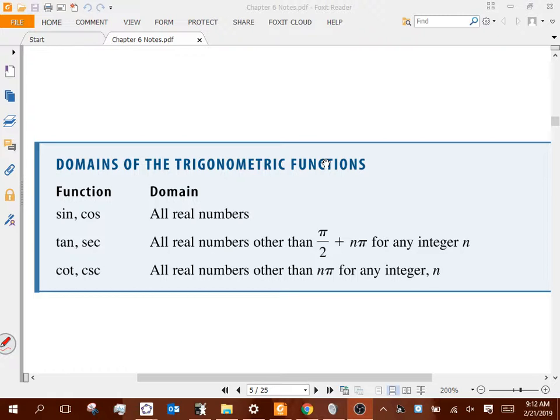So in this picture here, we can say that I'm going to memorize that the tangent and secant have these domains, and I'm going to remember that the cotangent and the cosecant have these domains. And that's fine, you can do that.